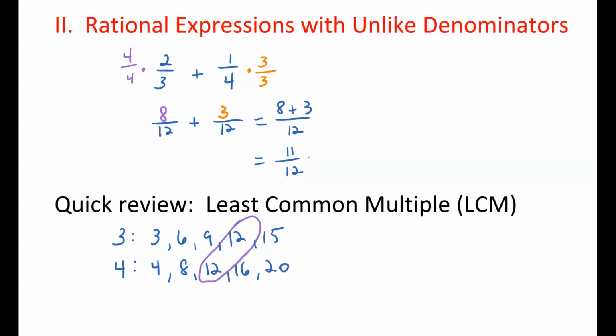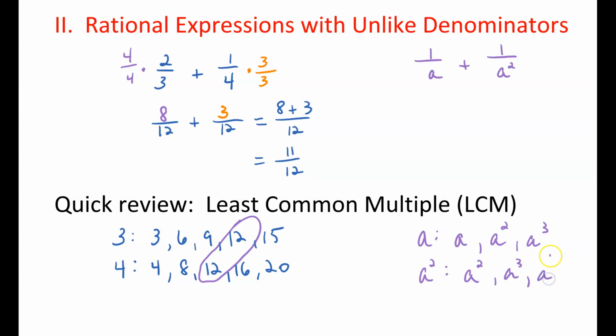So that's with integer values. What would happen if I asked you to do 1 over a plus 1 over a squared? You have to multiply the first one by a. If I started listing multiples, for a we would have a, a squared, a cubed, and for a squared it would start at a squared and then go up.